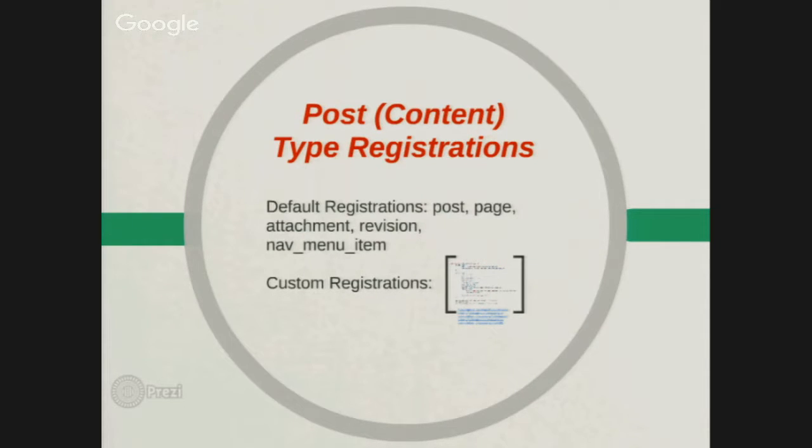The nav menu item moved somewhere at the end of the 3.x WordPress releases. They moved nav menu items out of their own table and into a custom post type. Attachments is for your media for the most part.